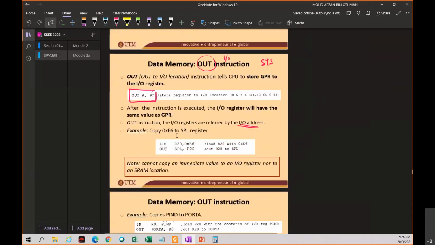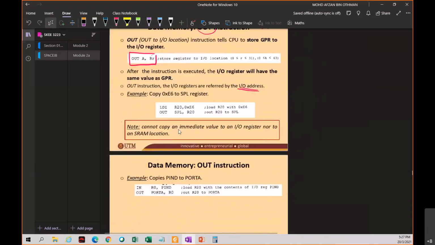Contoh: copy E6 to the SPL register. This is your data memory: GPR, IO, and RAM. Contohlah SPL kamu ada dekat around here. This is your SPL.